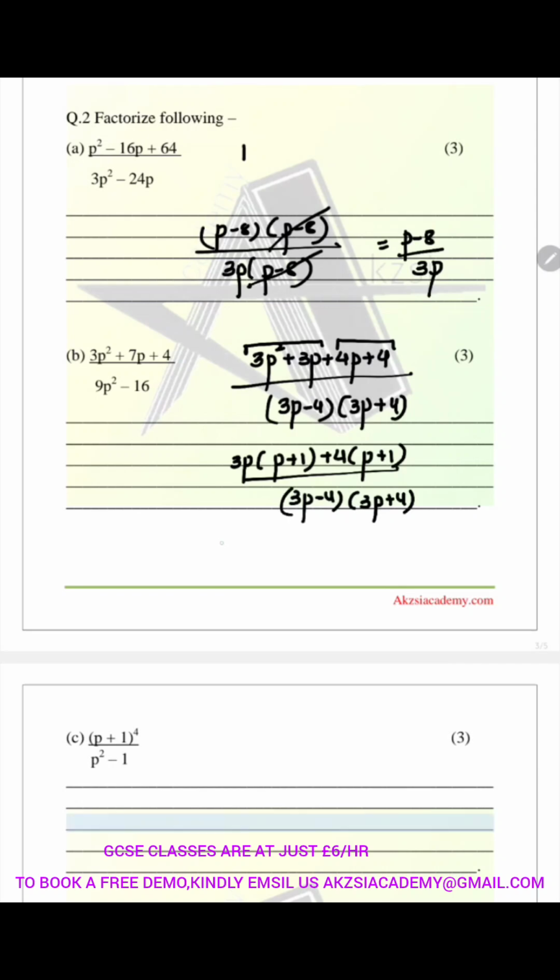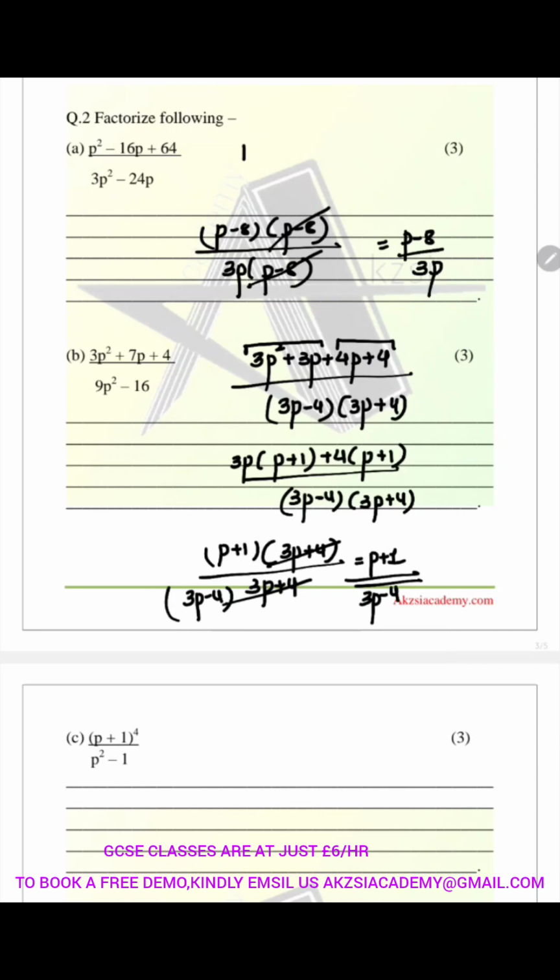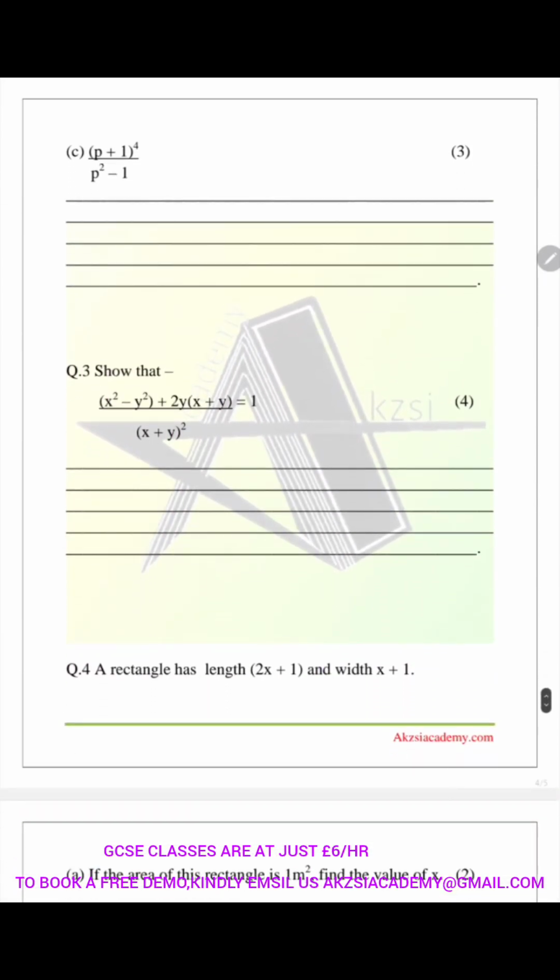Clearly, when I take out p + 1 as common, remaining would be 3p + 4. And in the denominator, 3p + 4 is remaining. Cancelling it out, p + 1 is remaining. Well, 3p − 4 is still there, sorry. So it will be (p + 1)/(3p − 4). That's your final answer.